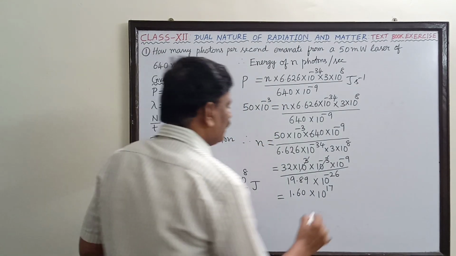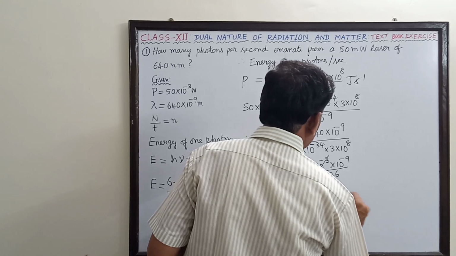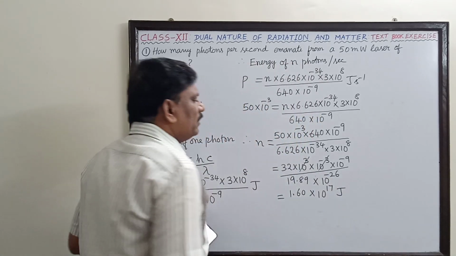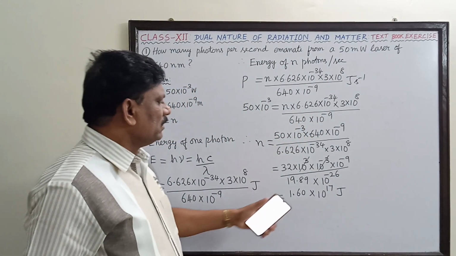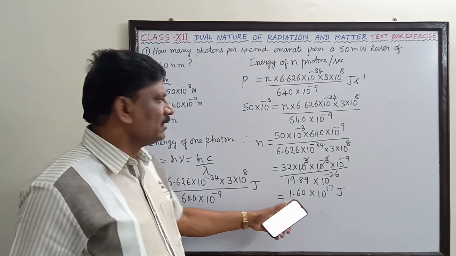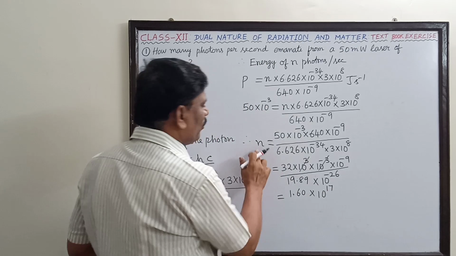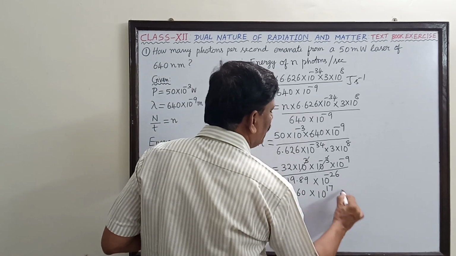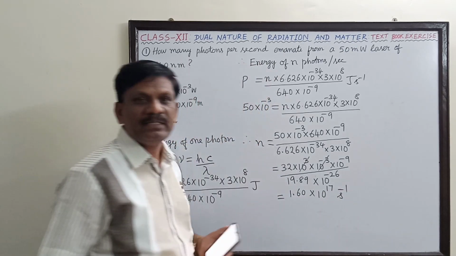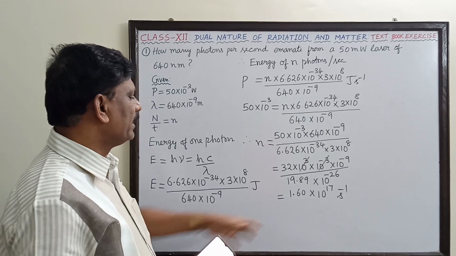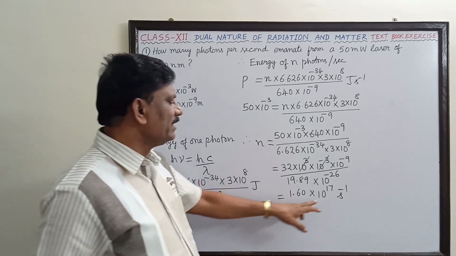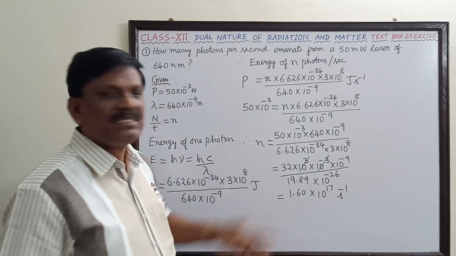Now this is not joule, this is the number of photons, therefore it is the number of photons per second. So the required answer is 1.6 into 10 to the power of 17 per second.